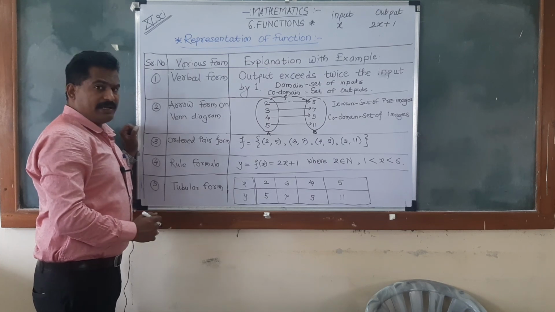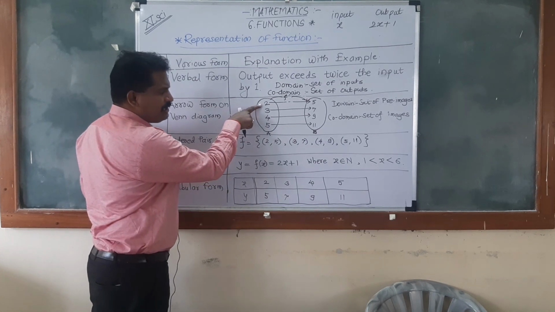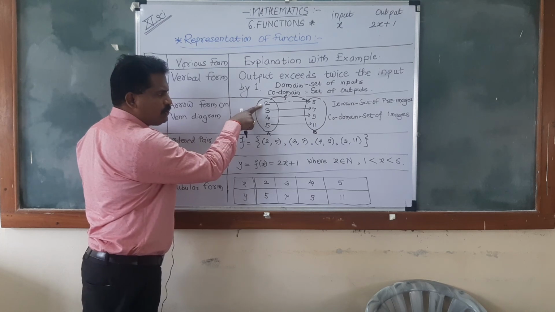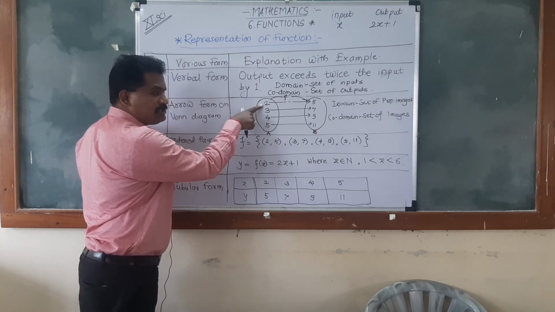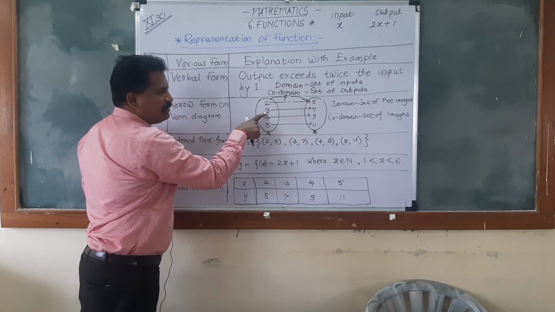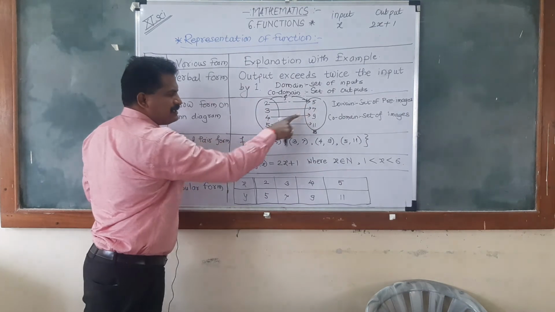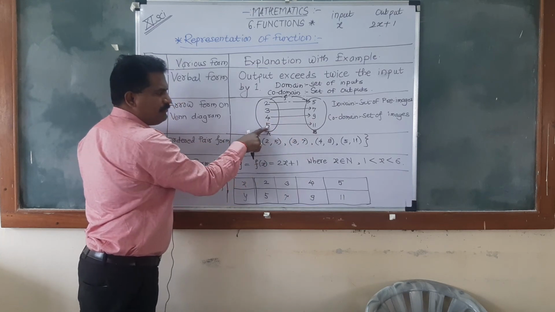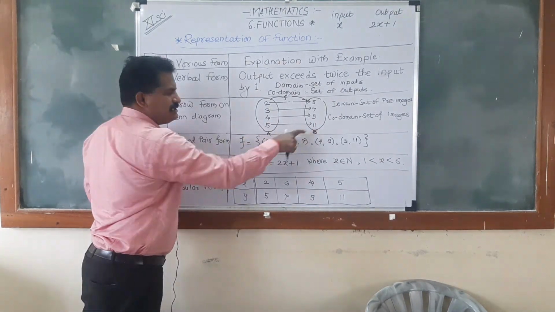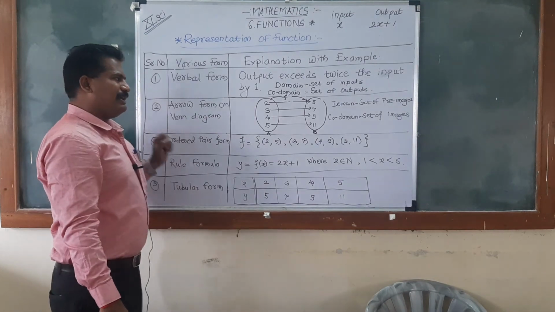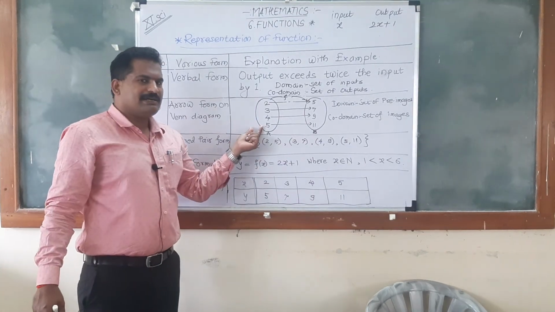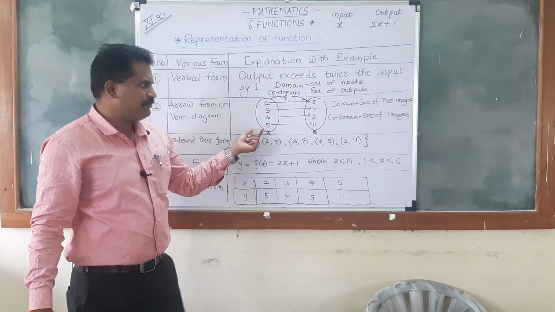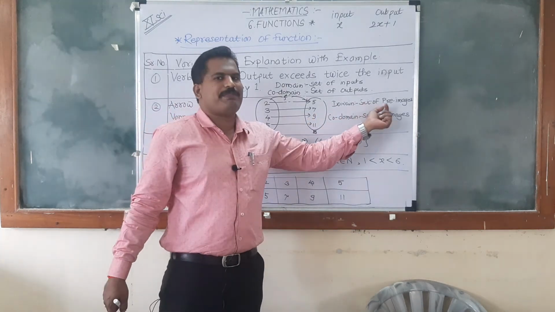Therefore we can check here. If input is 2, then twice the input, that means 4, plus 1, it is 5. 3 into 2, 6 plus 1, it is 7. 4 into 2, 8 plus 1, it is 9. 5 into 2, 10 plus 1, it is 11. Therefore, it is a very effective representation in which domain is a set of pre-images.